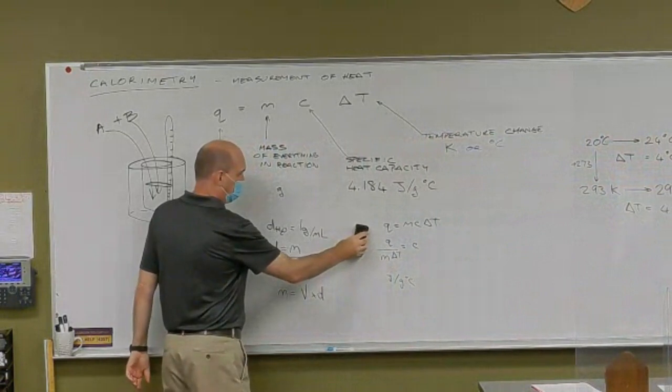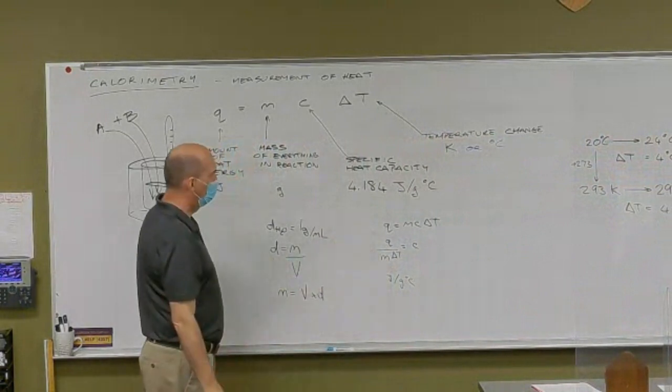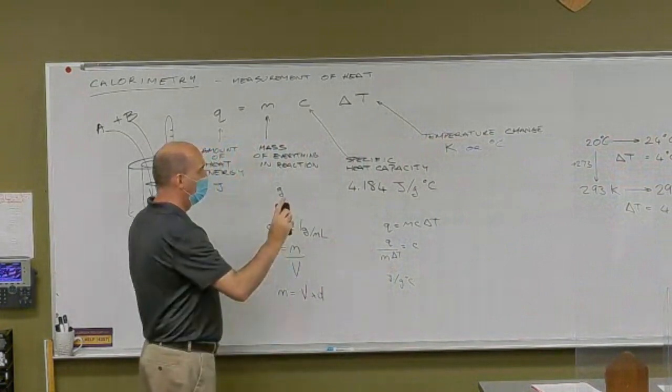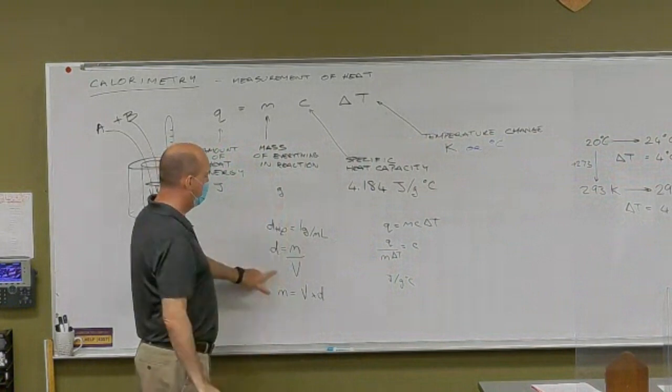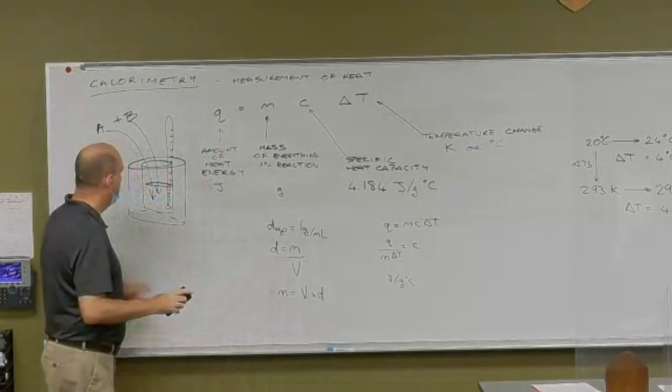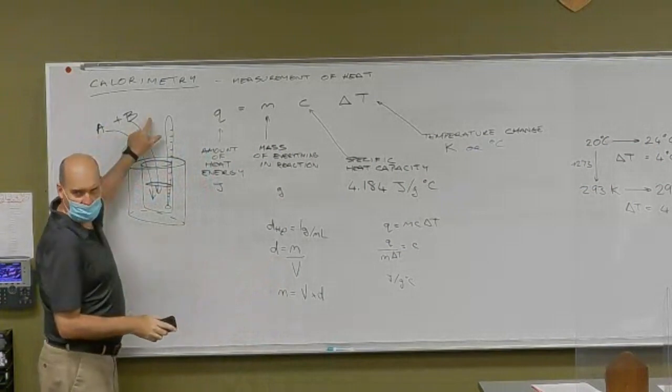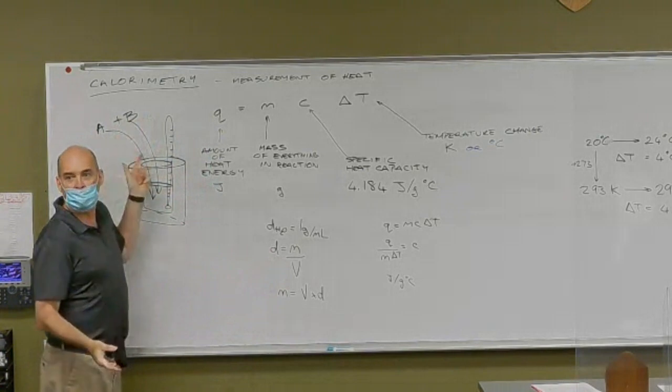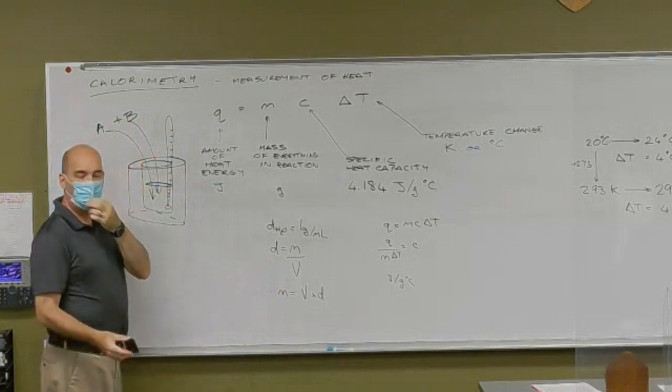Let's do one. What do we need to know? We need density. Okay. Even if A is an acid and B is a base, they're dissolved in water.